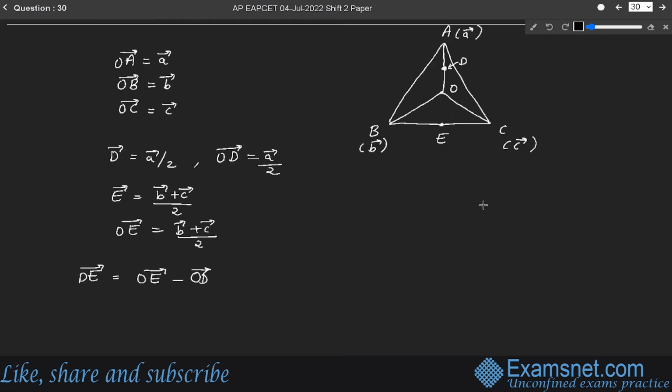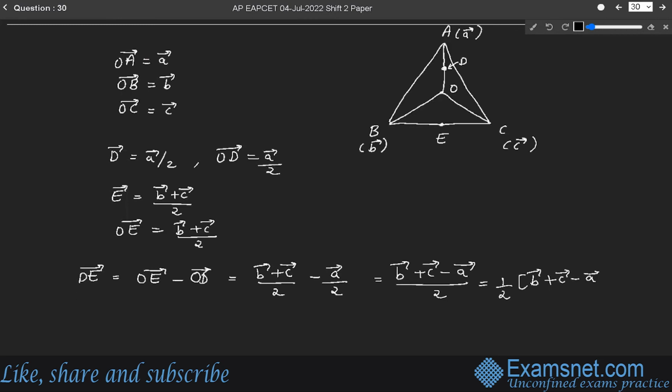Putting the values, we will get (b vector plus c vector) divided by 2 minus a vector by 2. So it will be (b vector plus c vector minus a vector) divided by 2. Taking 1 by 2 common, this will become 1/2 of (b vector plus c vector minus a vector).